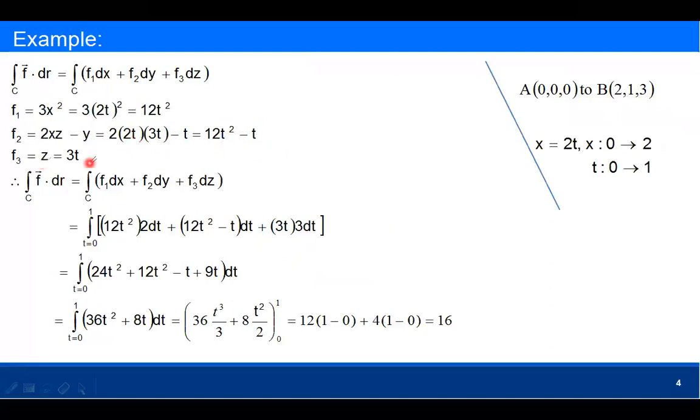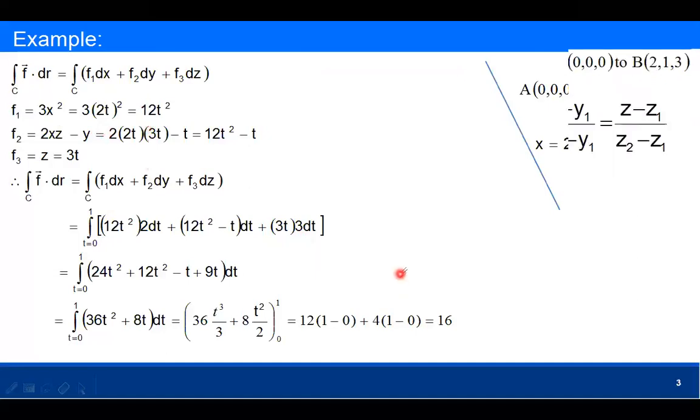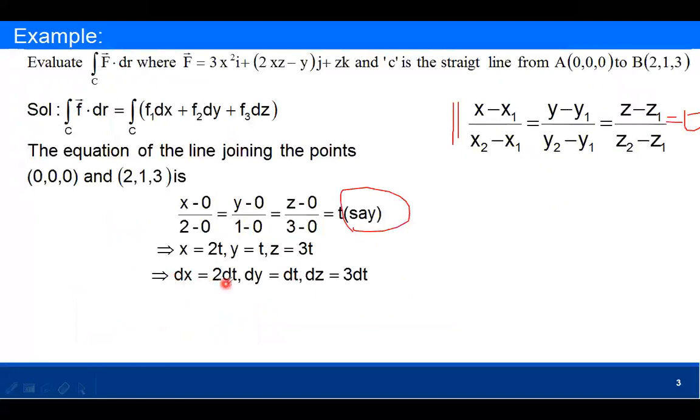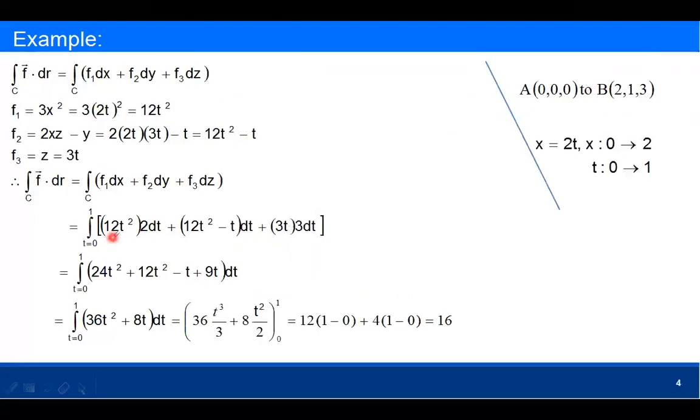Therefore the integral of F bar dot dr over the curve C equals the integral of F1 dx plus F2 dy plus F3 dz over the curve C. Now we replace F1, F2, F3 with the calculated values, and dx, dy, dz which we also calculated: dx equals 2 dt, dy equals dt, dz equals 3 dt. So substituting, F1 is 12t square into 2 dt, plus F2, 12t square minus t, dt, plus F3, 3t, into 3 dt.